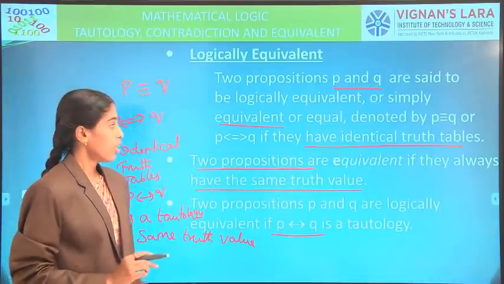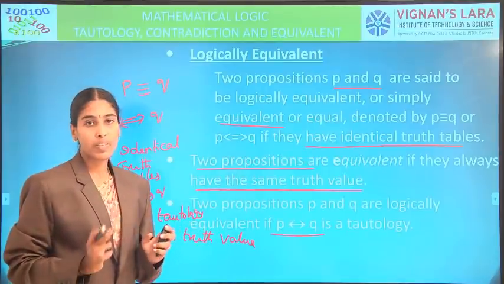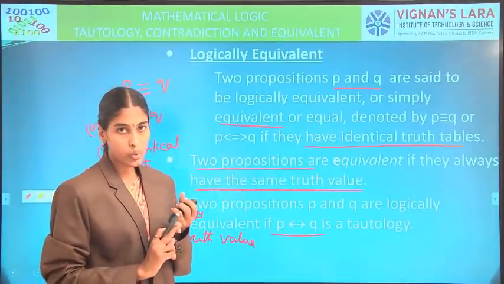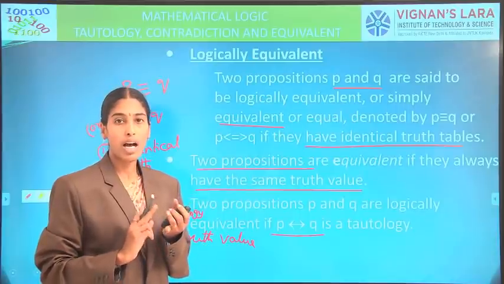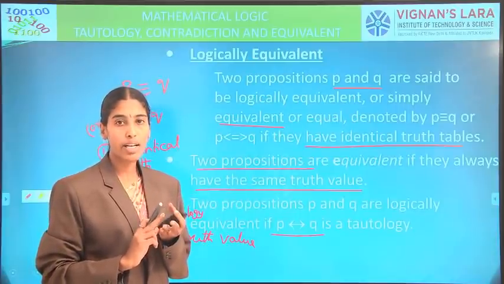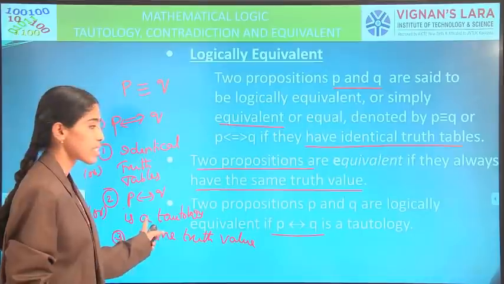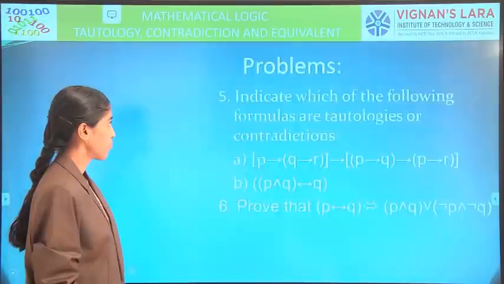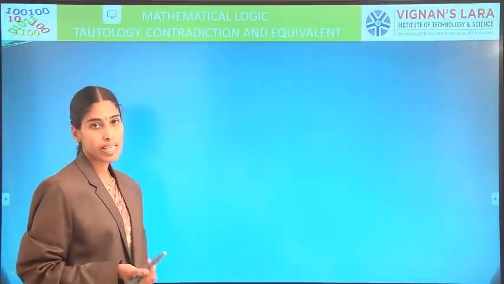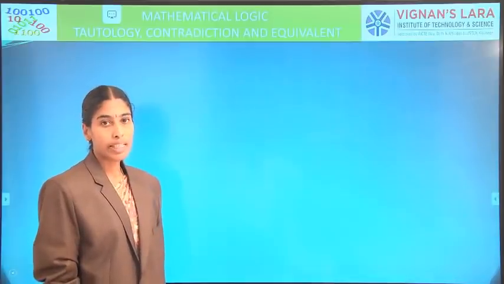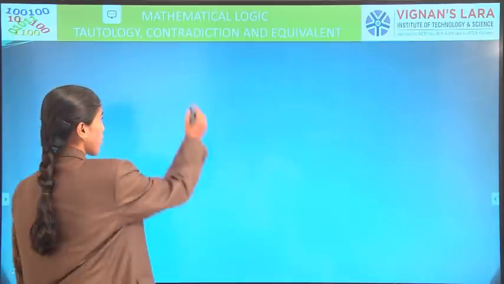Right? So to say that two are equivalent, either they have identical truth values or identical truth tables, or else P biconditional Q is a tautology. In the next class, we will see the problems on equivalence, tautology and contradiction.